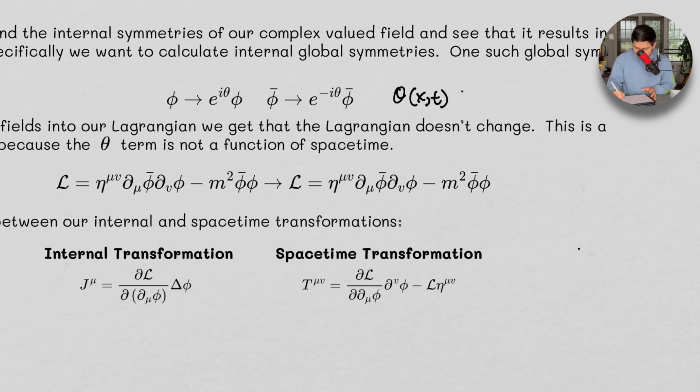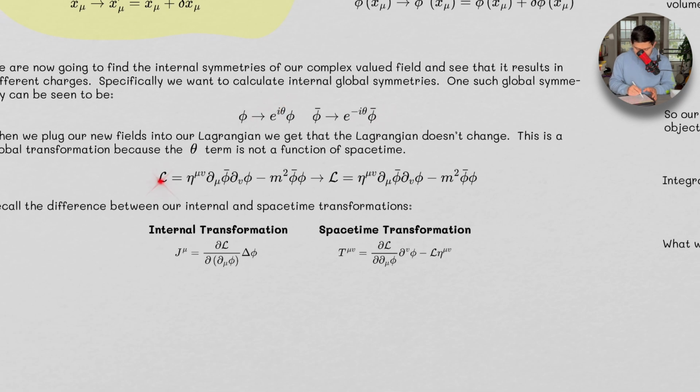If this theta here was a function of x and t, this would be local, right? But since it's just a constant, it's global. So this is a global transformation, and this global transformation is being applied in this way, and we apply it to the Lagrangian.